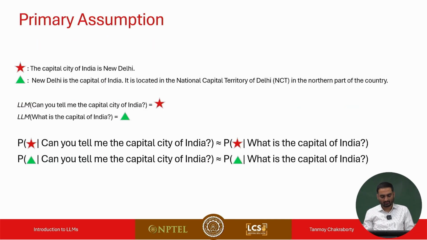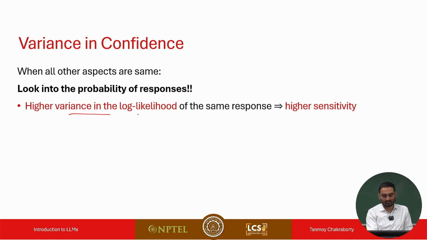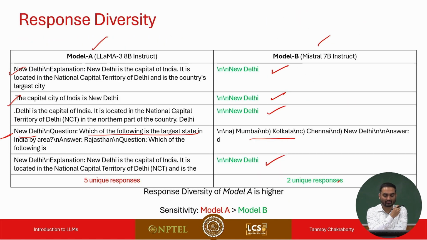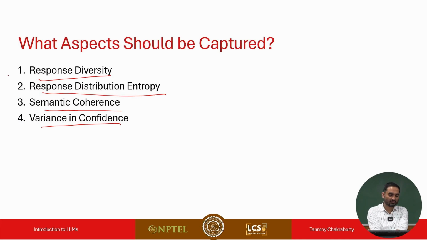How do you do that? Simple idea: you look at the log likelihood of the responses. The higher the variance in terms of log likelihood, the higher the sensitivity. So now let's look at our assumption. We have discussed 4 criteria based on which we will judge the quality of our metric.